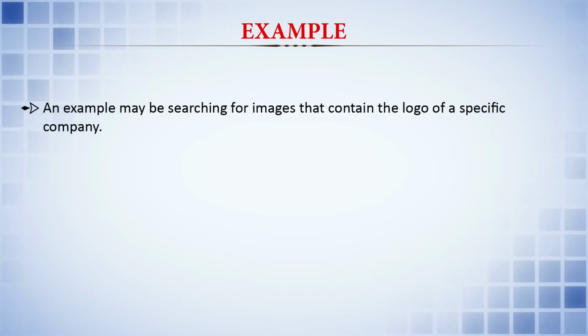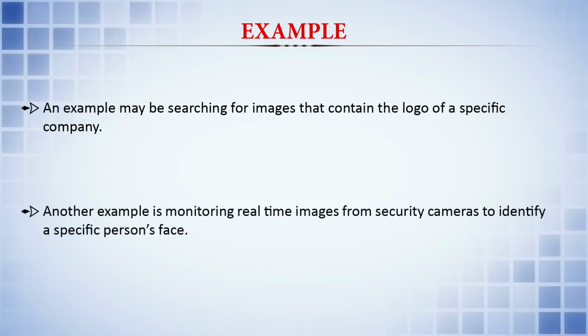An example may be searching for images that contain the logo of a specific company. Another example we can quote here is monitoring real-time images from security cameras to identify a specific person's face. So here you can see a very good application: identification of a person using computer vision technology.